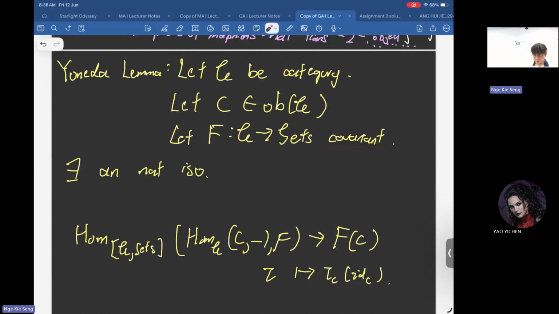Does everyone know how to read this notation?